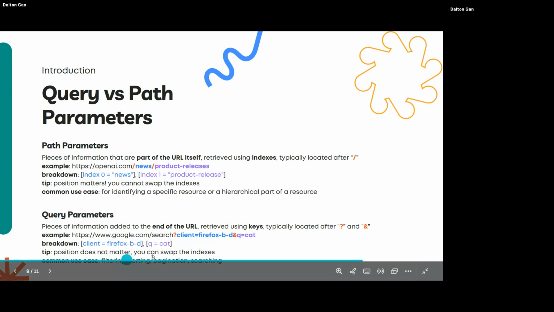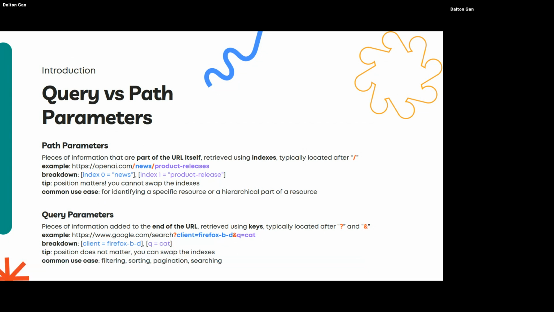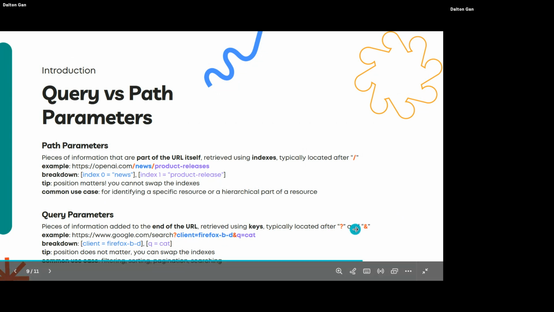The breakdown is client is Firefox, query is cat. And you can swap the position, meaning you can put query first, then client later. It will still work the exact same way. Query parameters are denoted by a question mark and also the ampersand symbol. Okay, so far so clear? We're going to be using both of these later in our project.